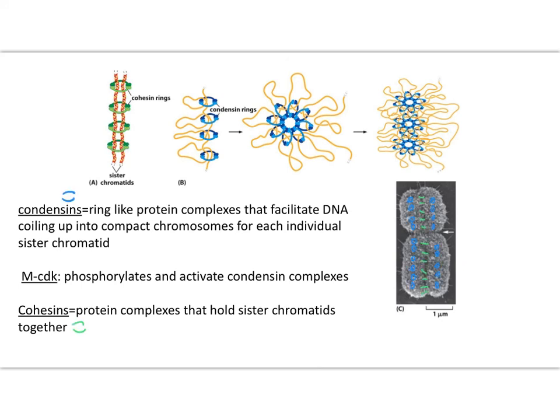The condensins, which I've drawn in over here, run the length of each chromosome, and the cohesins run between the two chromosomes. The cohesins are used to hold the sister chromatids together for as long as they're held together, and we'll see that in anaphase, that's when the cohesin proteins are dissolved, and that means the two sister chromatids can disassociate from each other.